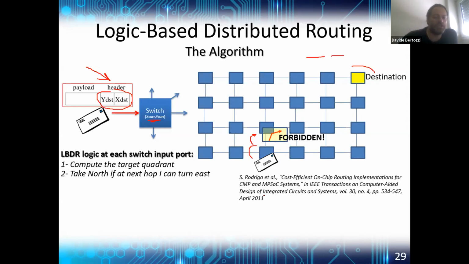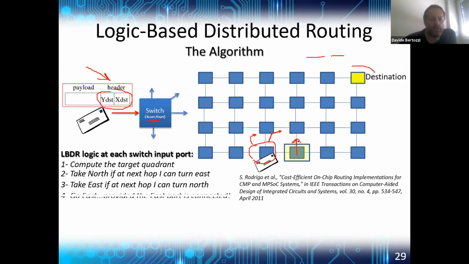This switch should be aware of the routing restrictions in the neighboring switches, and therefore this switch will never route the packets to the north, because at the next stop it's not possible to approach the destination. A better option is instead to take the east direction, because if you go east, at the next stop it's completely possible to turn north to approach the destination, which is to the north. Therefore, the packet is actually routed to the east port.